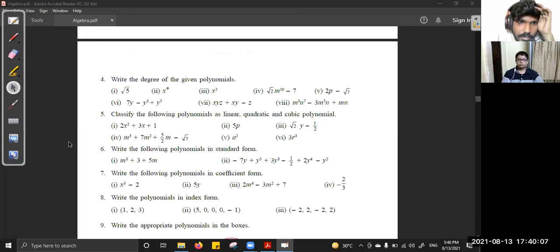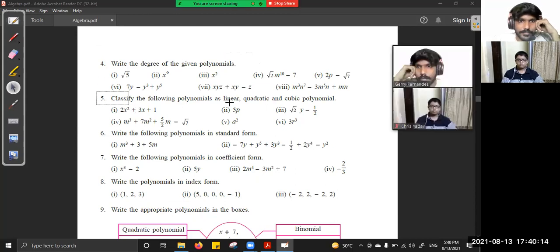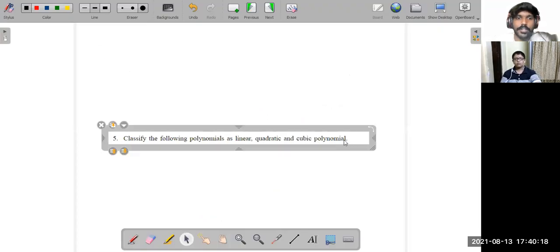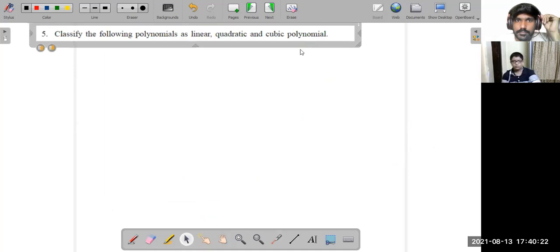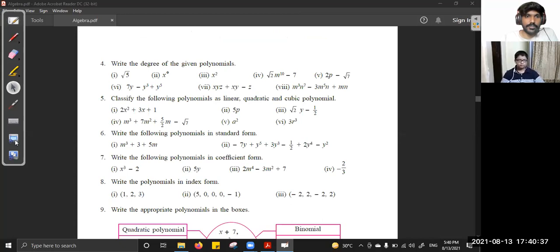Fifth one. Classify the polynomials into linear, quadratic, and cubic polynomials. So what is a linear polynomial? When will a polynomial be linear? When it has only 1 degree. Yeah, when the degree is 1. And quadratic, when the degree is 2. And cubic, when the degree is 3. Correct. So we have to do the classification of these.